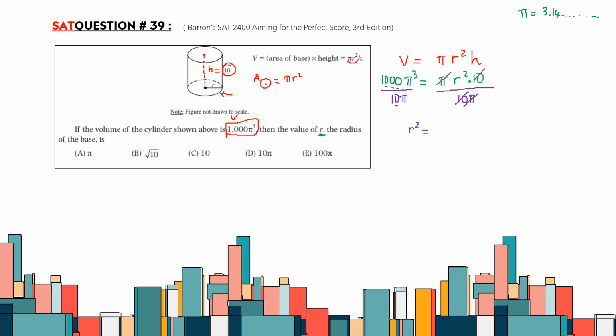So we have 10 right here, we cancel zeros. Pi you have here is pi cubed, which means pi times pi times pi. Then when you divide by pi, you cancel ones. It becomes pi squared over 1. And we already said that a over 1 is a.